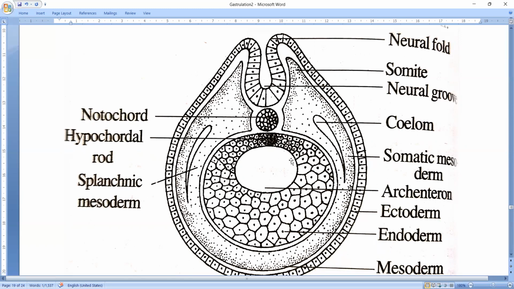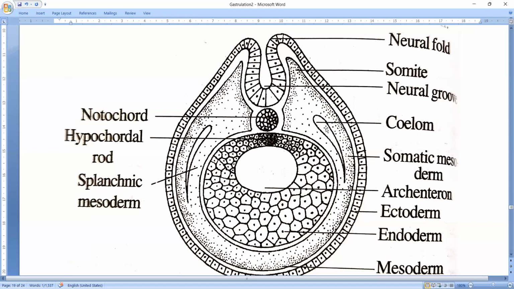Here, if you observe this middle part, it is called mesoderm, present exactly between the ectoderm and endoderm.